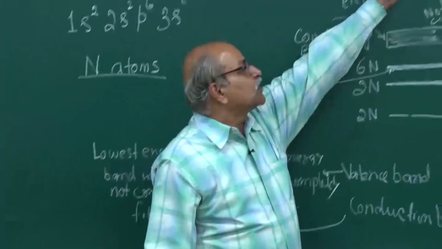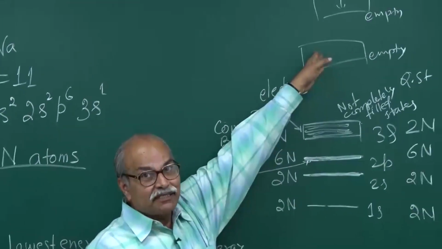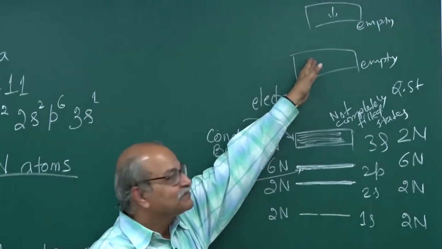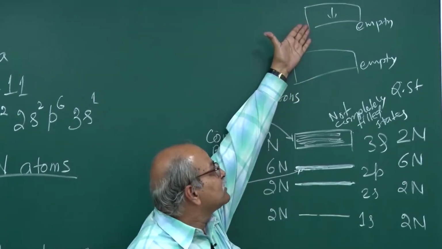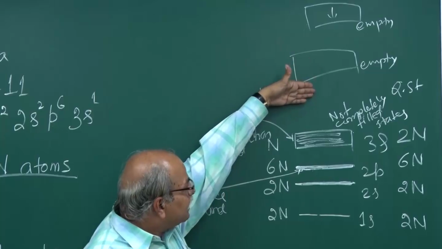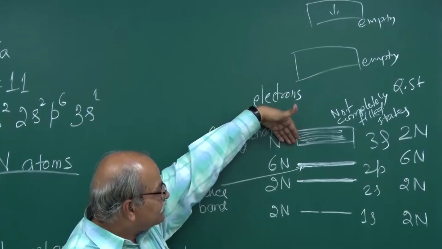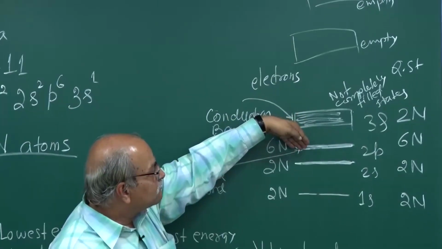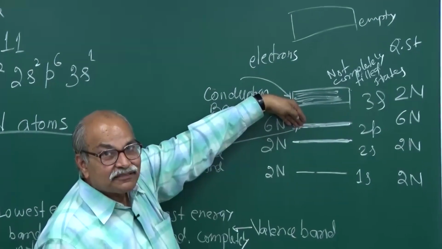This is also not completely filled, it is completely empty, but certainly you can call it not completely filled. This is also not completely filled. So, you come down and this is that lowest energy band where you have not completely filled. If you go further lower, you have a completely filled band.